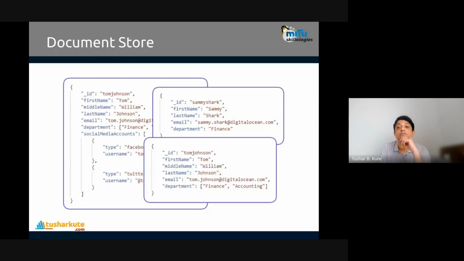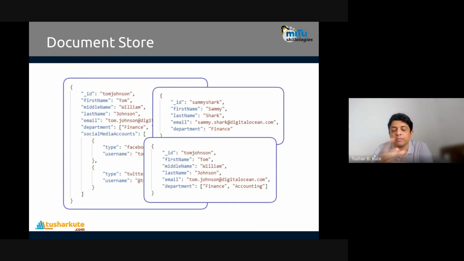See this. This is the JSON file format, JavaScript object notation file format. Key value pair, right? Correct. It's like a dictionary, but they have an ID associated with them. That ID can be used to access the data from this document. A document of documents is also there. See there, social media accounts are shown. Under it, type Facebook, a username is given.